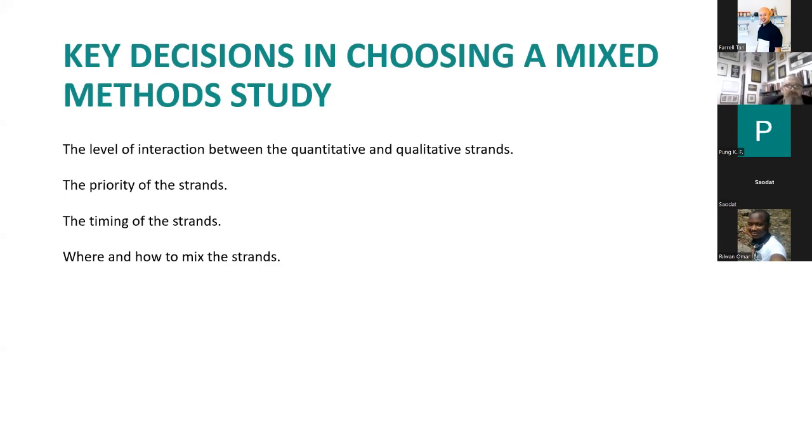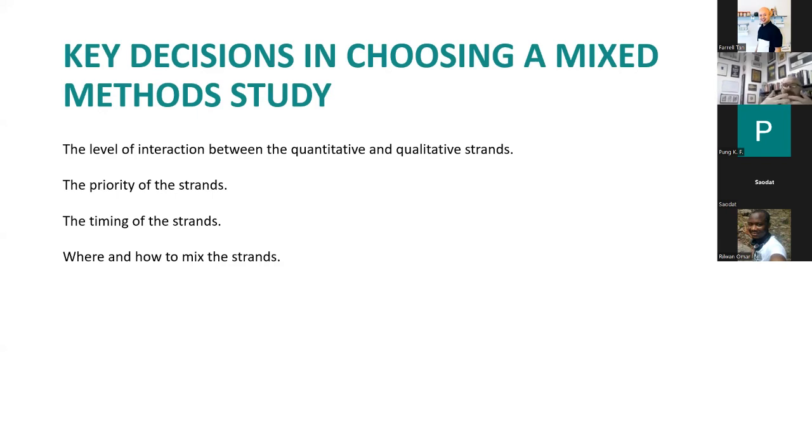Now, there are a couple of key decisions in choosing a mixed method study. The level of interaction between qualitative and quantitative. This is where I'm going to talk about integration in a couple of minutes, okay?